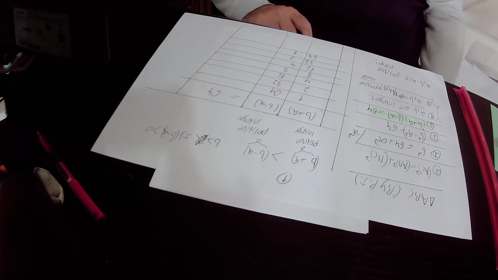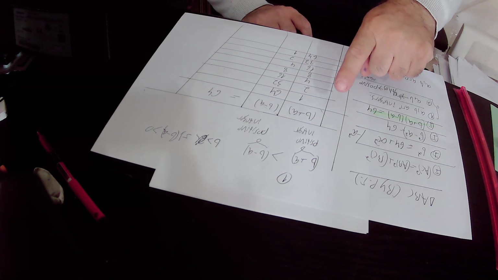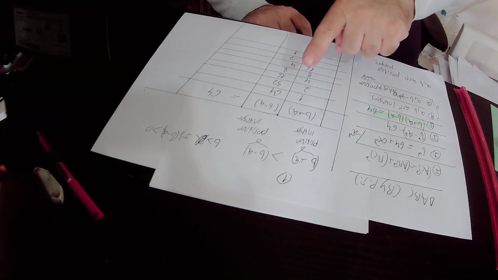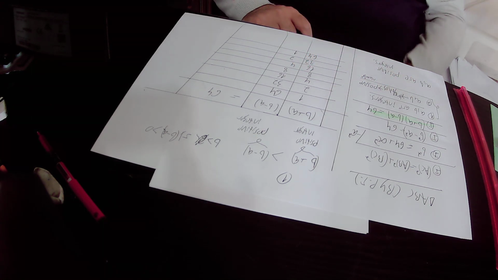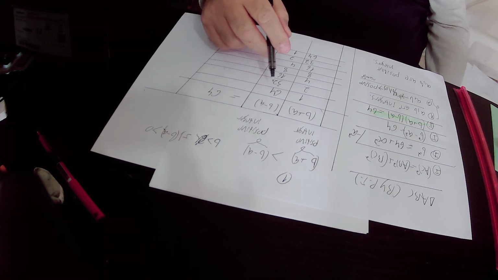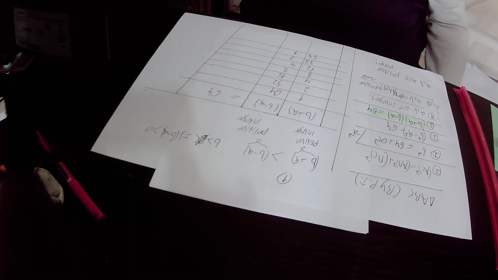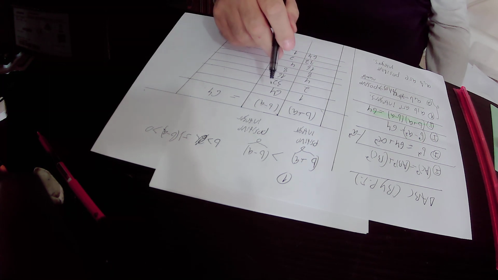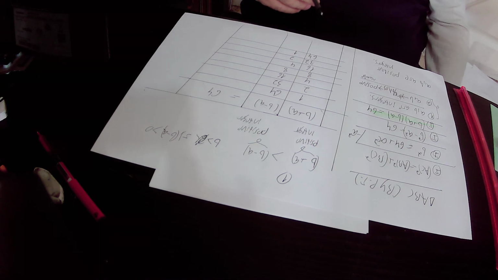It is not a good option because we have already proved that b plus a must be greater than b minus a. So we'll check in which options the first column is greater than the second column, and only those options are the valid options for the solution of the question.